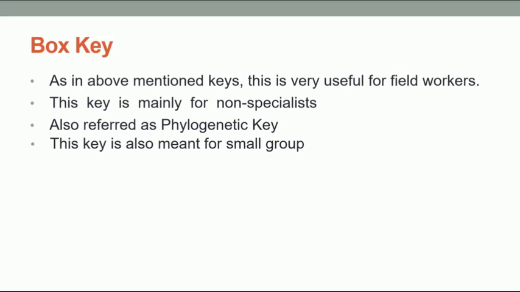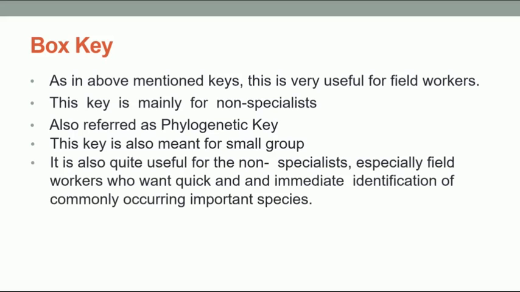You cannot fit a larger number of species in a box key. So that is rather a demerit or disadvantage. It is very useful for non-specialist field workers who want quick and immediate identification of unknown species which are present in a particular area.